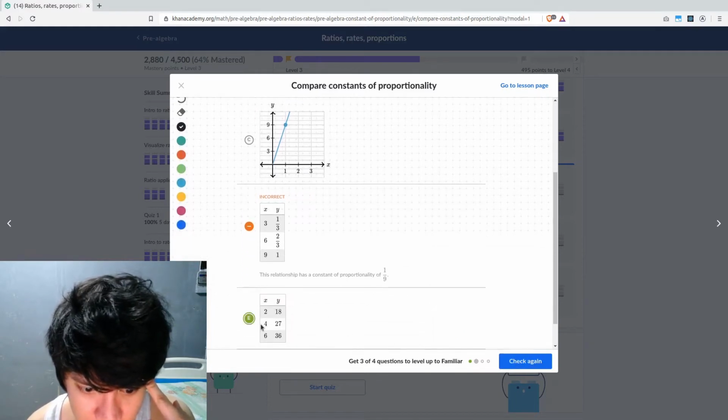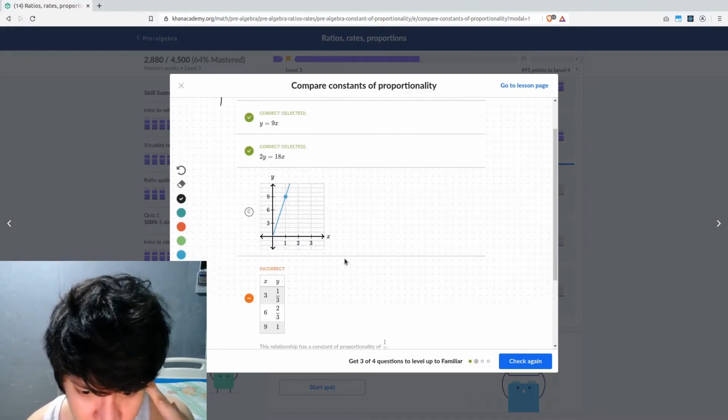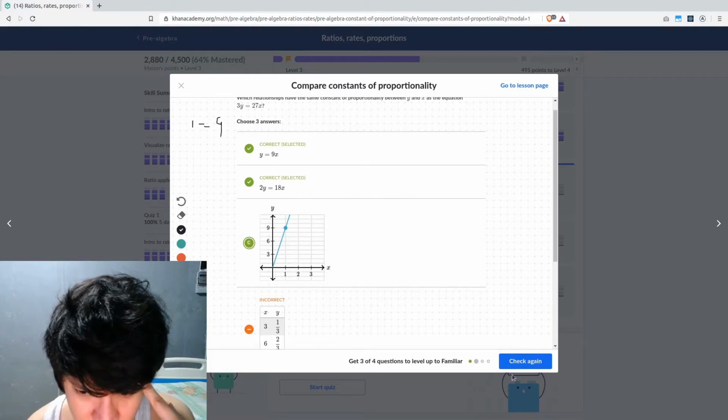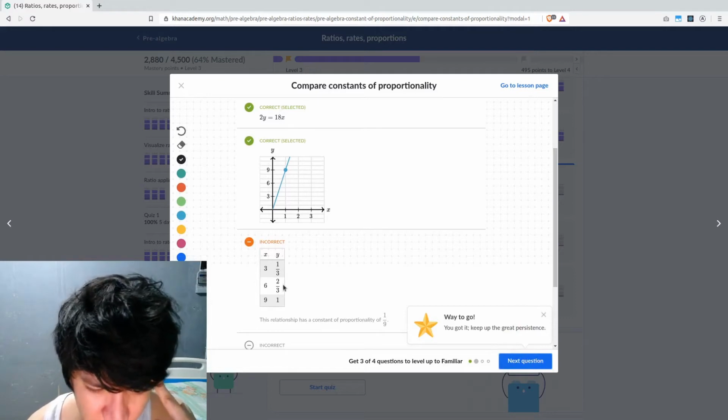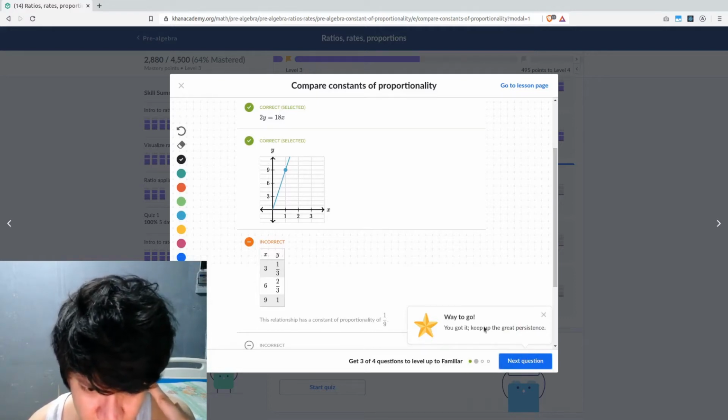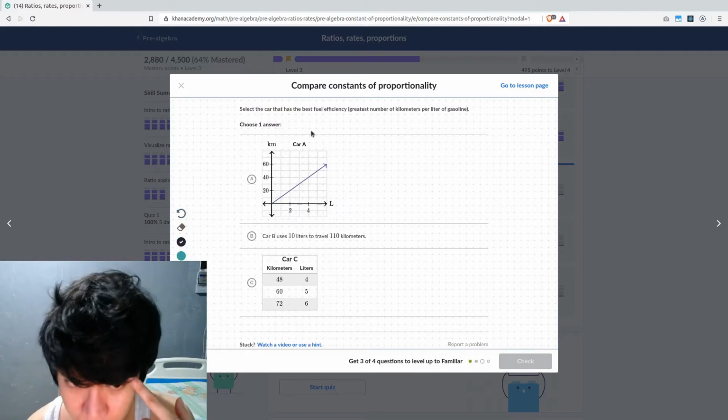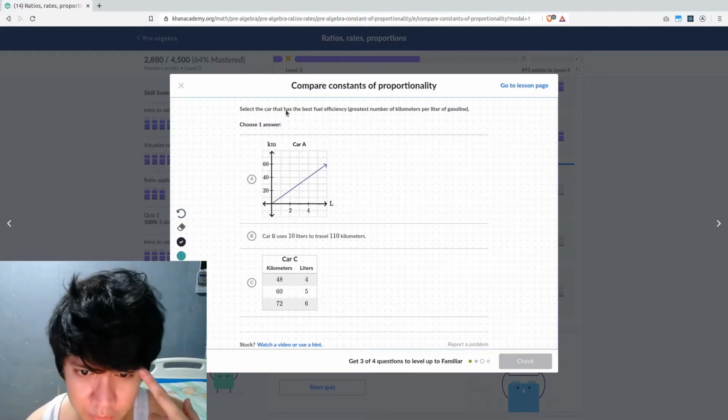Wait, what? 1, 9. Does this work? Isn't this 1, 9? 2/3. Okay, cool. Whatever. So the car has the best fuel efficiency.